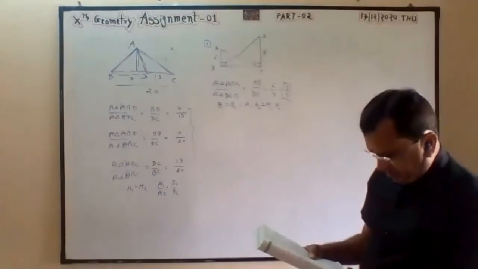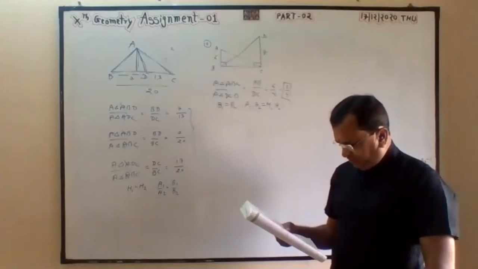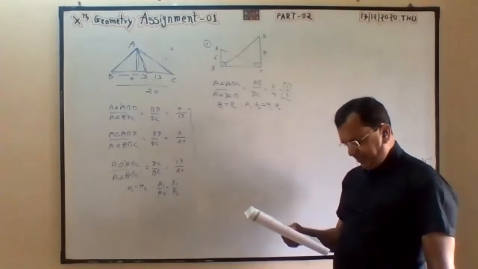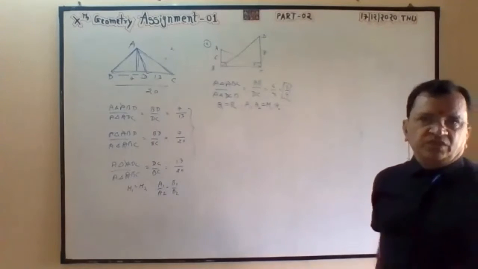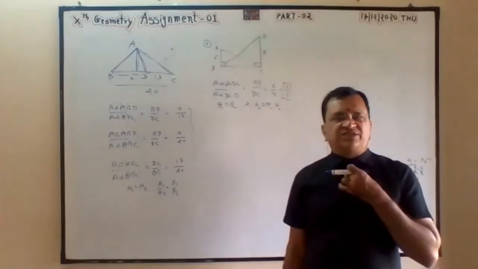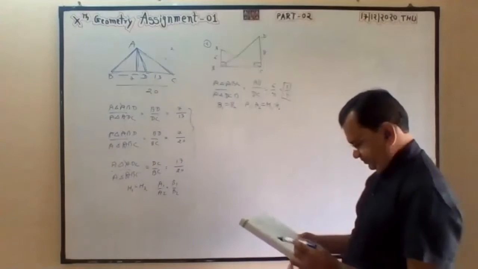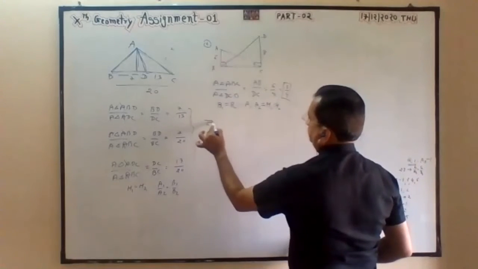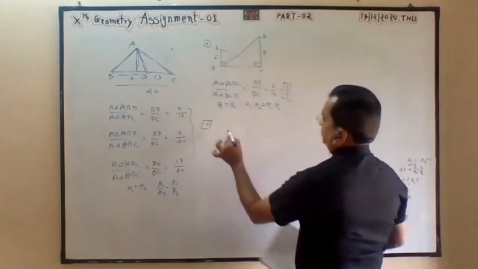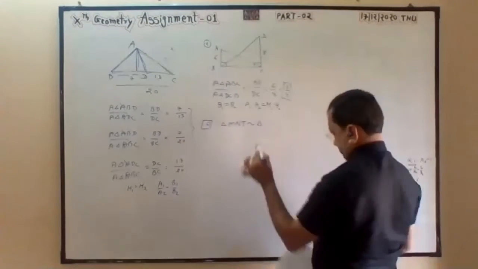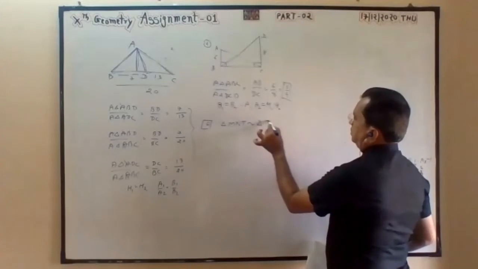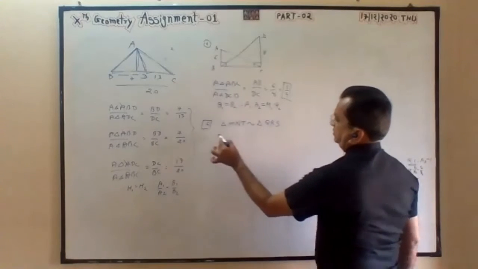Two triangles are similar. The length of the altitude drawn from the point T is 5 and the length of the altitude drawn from S is 9. Find the ratio. Okay, now the triangles are given similar. Triangle MNT, QRS.